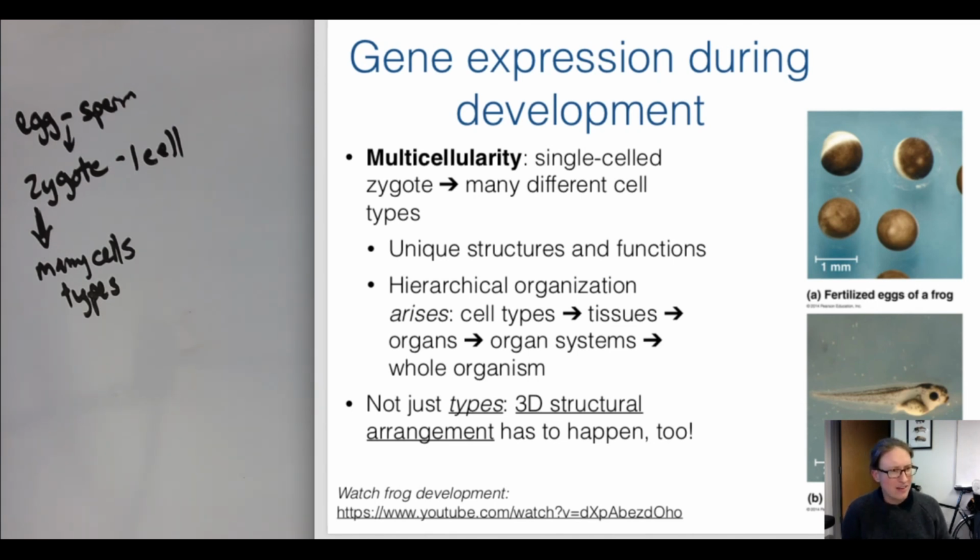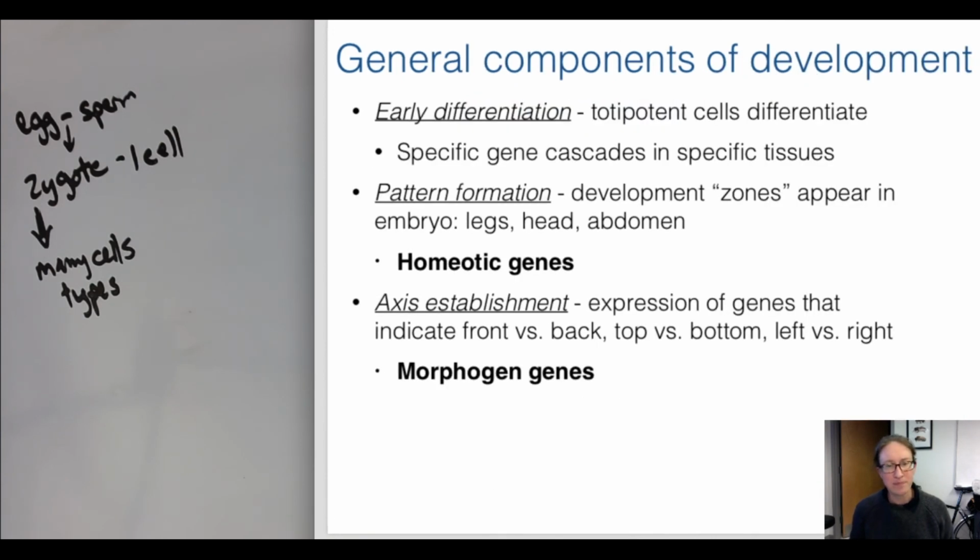And that gets worked out over the course of an organism's development. And it isn't just the type of cell that gets sorted out among all of the cells communicating with each other, but also how those cells are arranged in space. There has to be some three-dimensional structural arrangement that takes place as well.